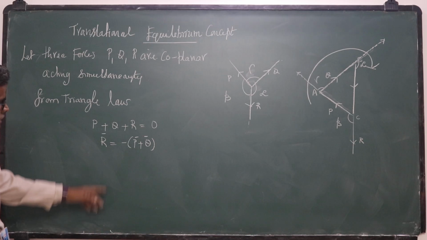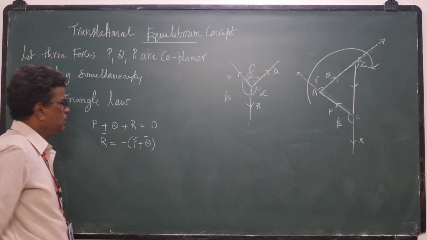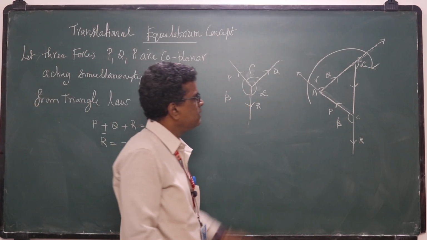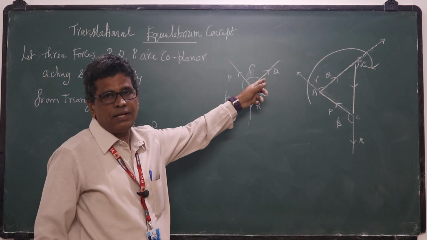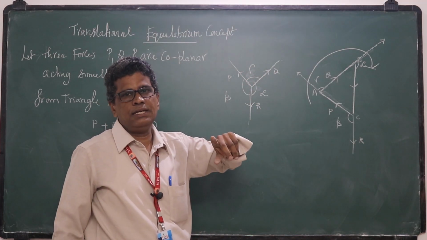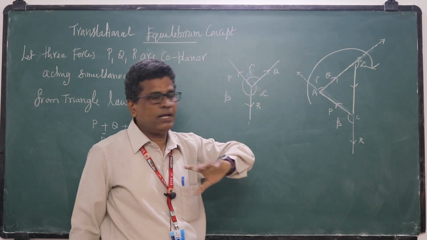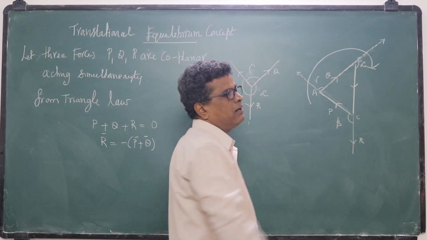So R is the resultant of P plus Q with a minus sign. That means whose resultant is 0, so this particle is in equilibrium. So if three forces acting simultaneously on a particle keep it in equilibrium, then those three forces should be coplanar, and we are able to represent them as the sides of a triangle taken in order.